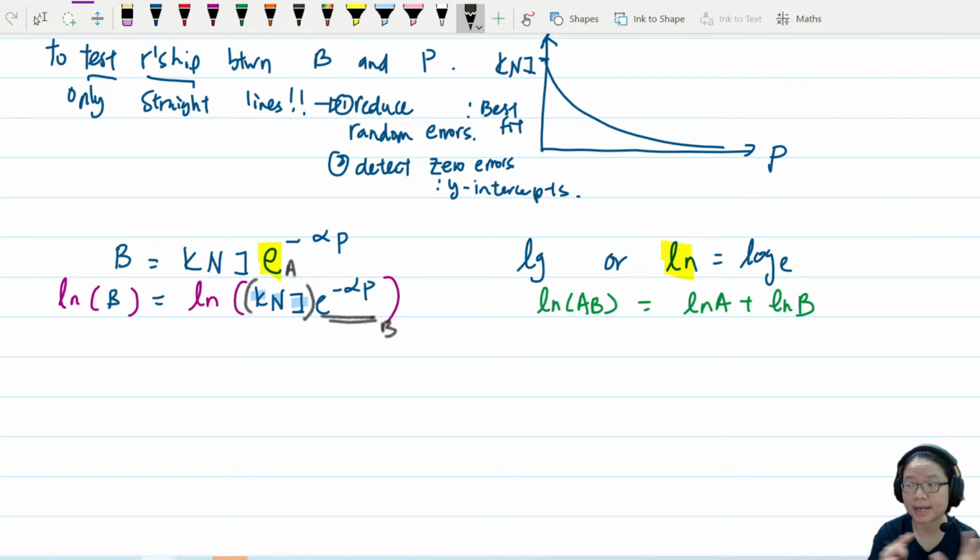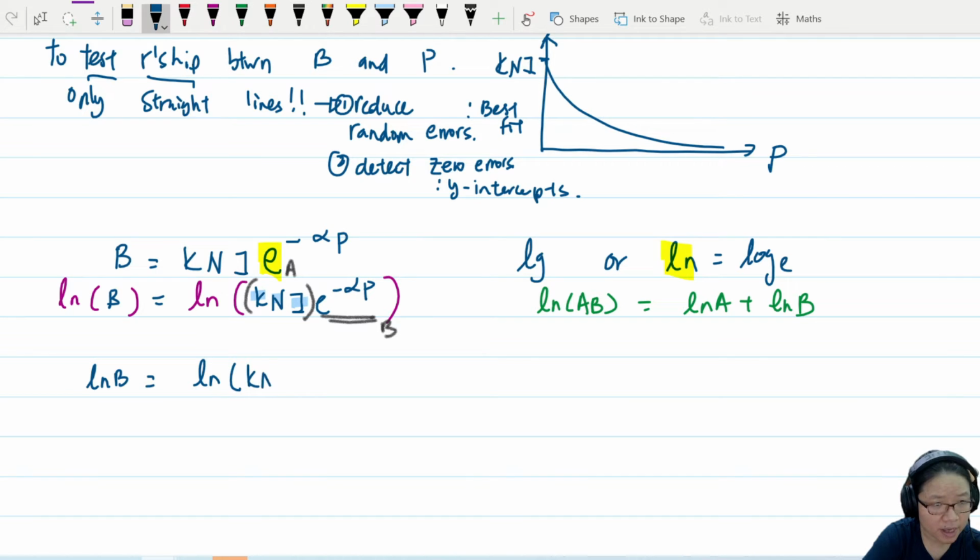Because it's multiplying. Right? So in this case, if I continue the story, I will have ln B is equal to ln bracket KNI plus ln bracket e to the power of negative alpha p.